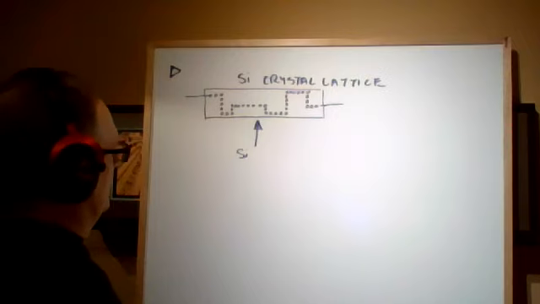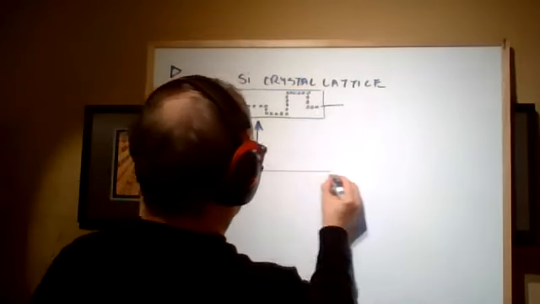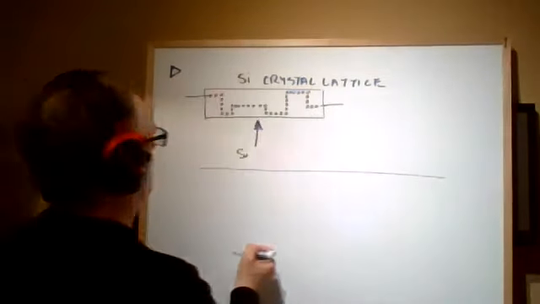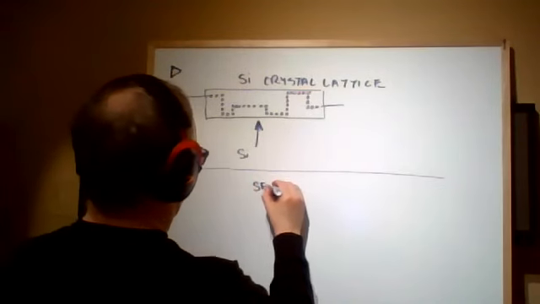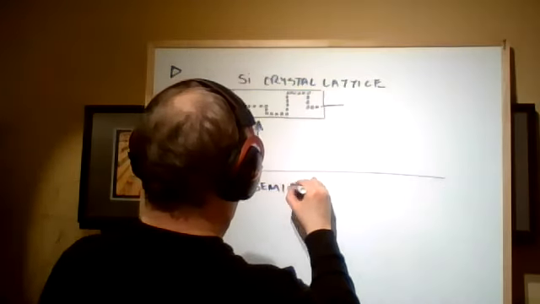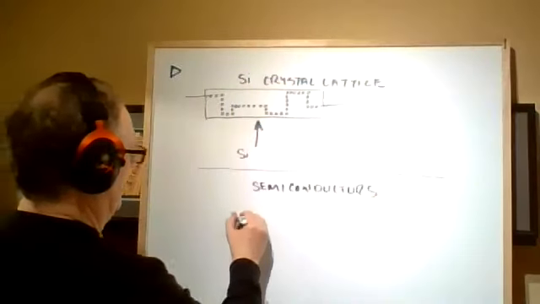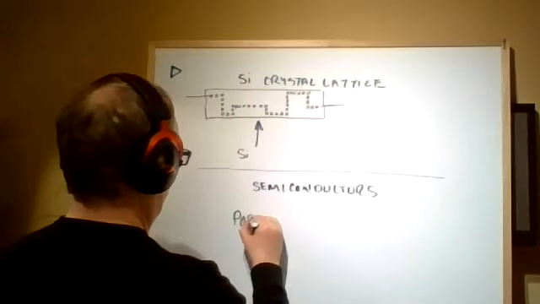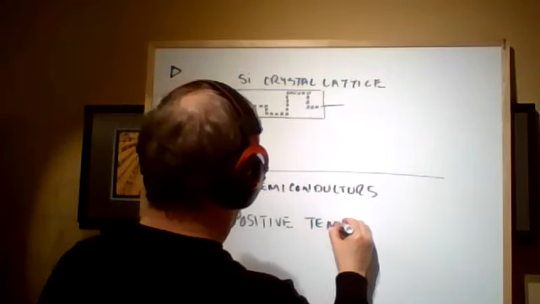Now, the last thing that I want to talk about when it comes to semiconductor materials is the conductivity of the materials. Semiconductors have what we call a positive temperature coefficient.